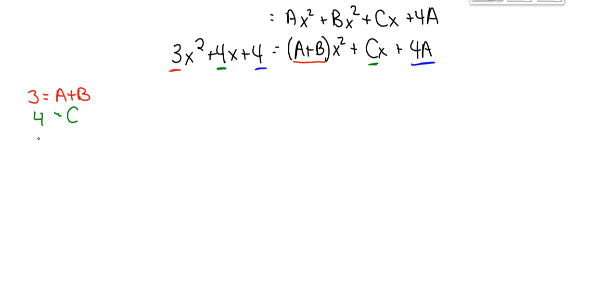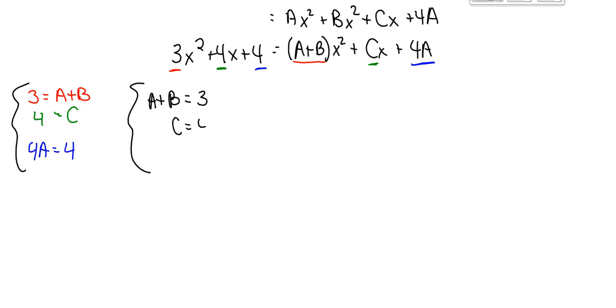So 4a equals 4. Now, that's my system, and I might at least write it a little differently before I solve it. I like to have my constants over on the other side. So I'm going to write a plus b equals 3, and I'm just going to keep it as c equals 4 and 4a equals 4.